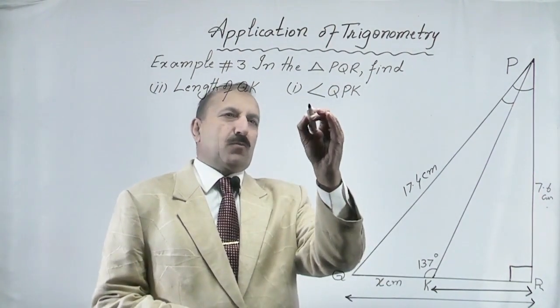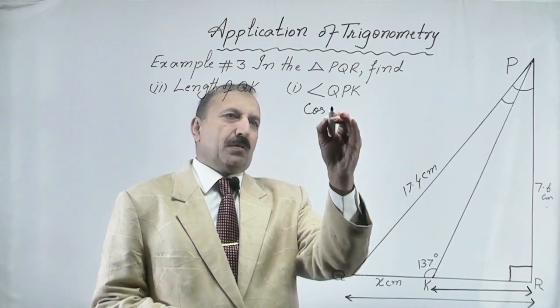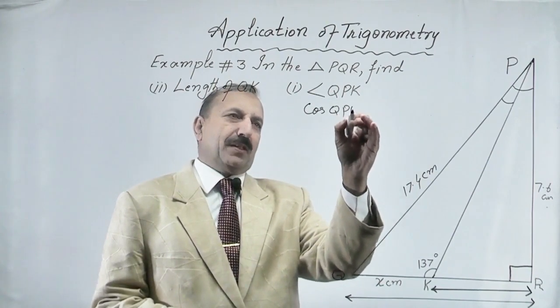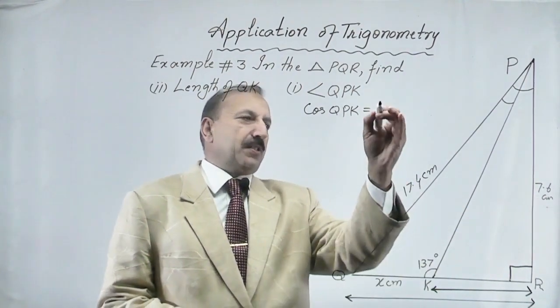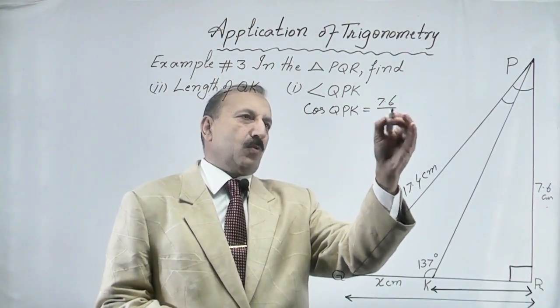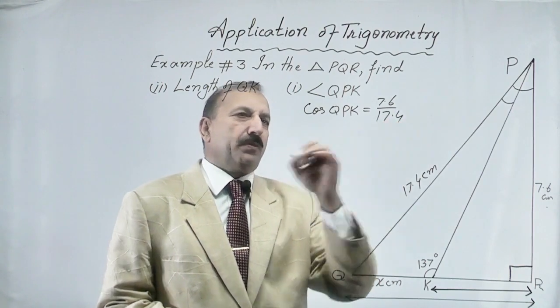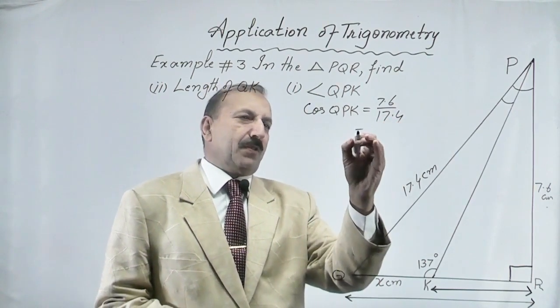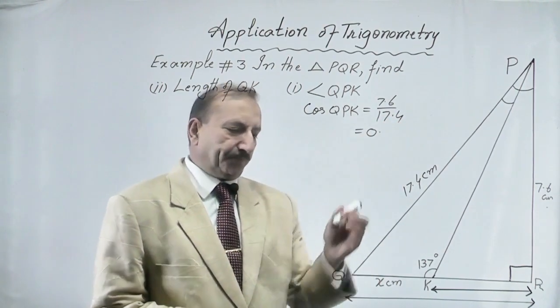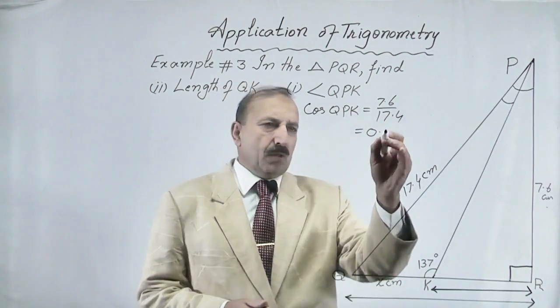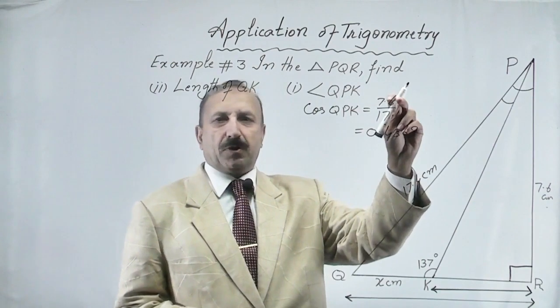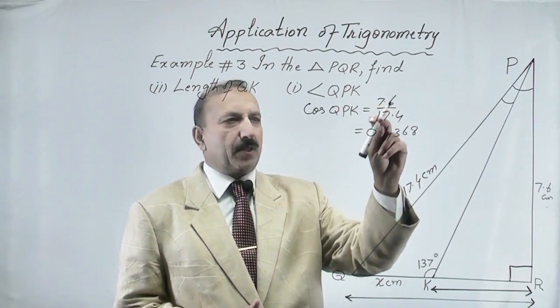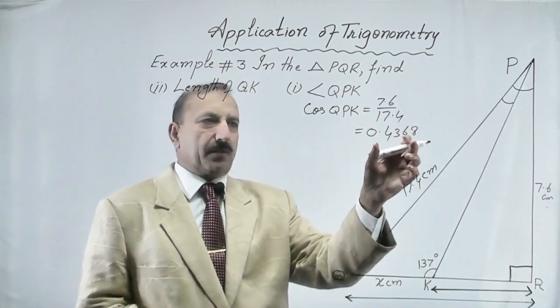So we have cosine of QPK equal to adjacent 7.6 over this value, 17.4, and this will be equal to 0.4368 when we divide 7.6 by 17.4 on the calculator.